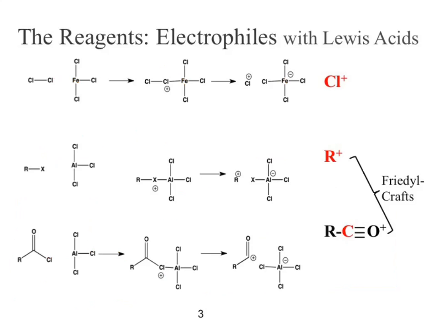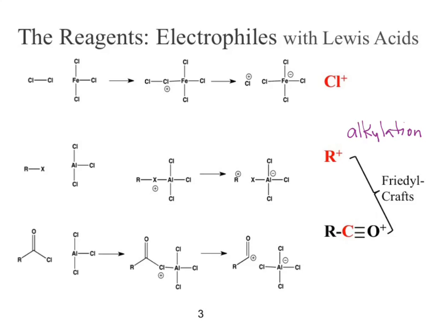R group typically refers to just what? In general, what's an R group refer to? Just carbons. So we are looking at adding strictly just carbons. We've got an alkylation. So in our first case, R plus is a Friedel-Crafts alkylation. How about in the next one?